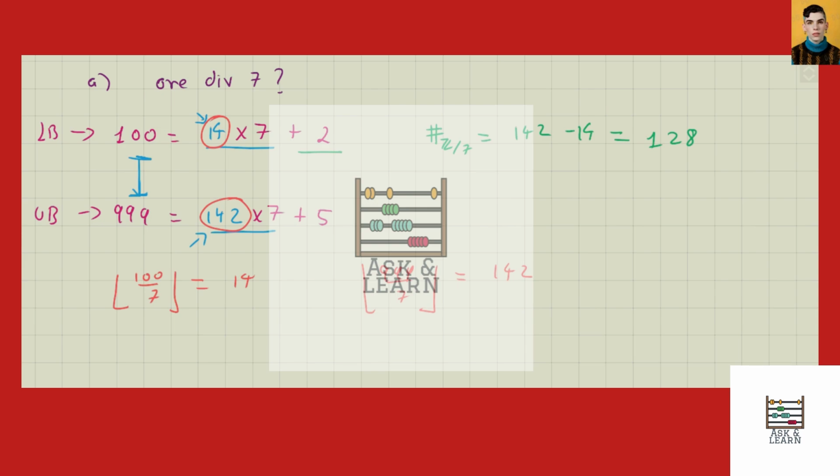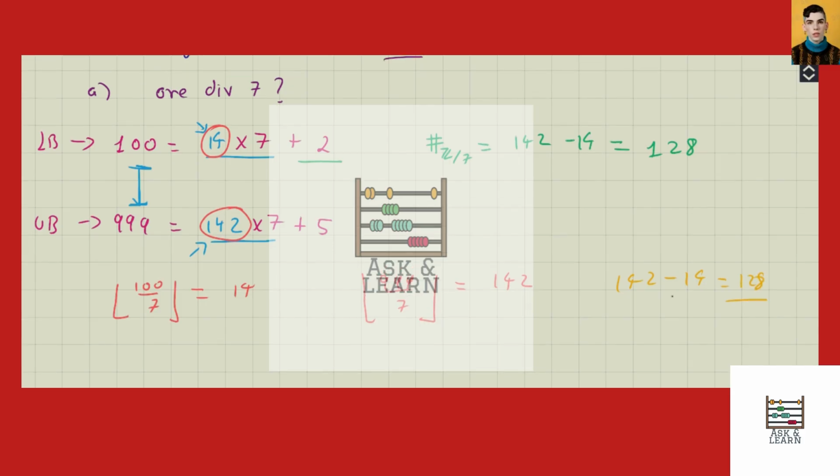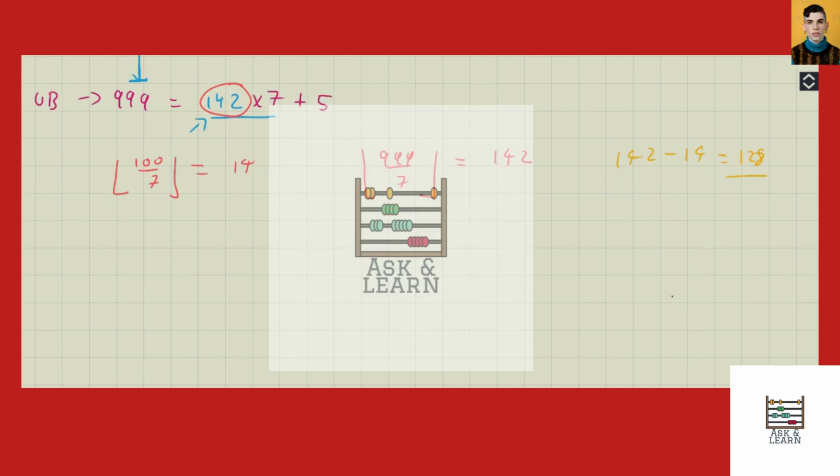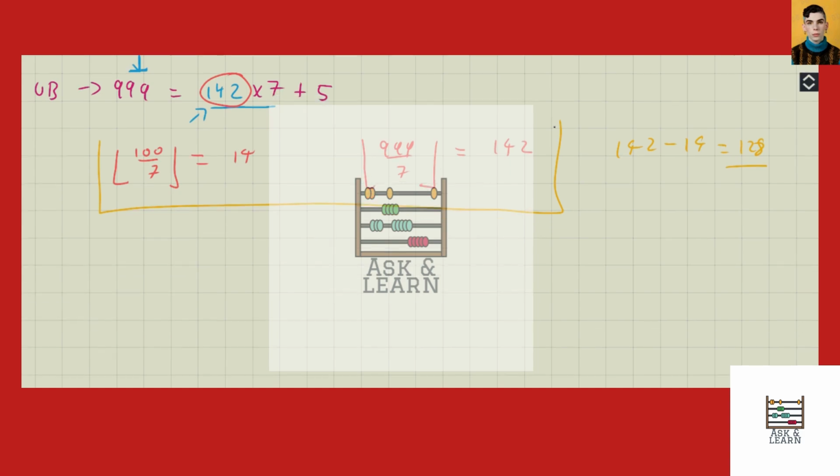But I like to make this kind of decomposition of the numbers to visualize why the other numbers, like 15 times 7, are contained in this interval, and why the subtraction 142 minus 14 gives us the total number of integers that are divisible by 7 on that interval. Okay, so it's just for illustration, but the usual way is using these floor functions.